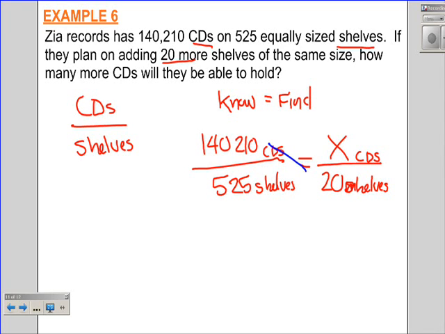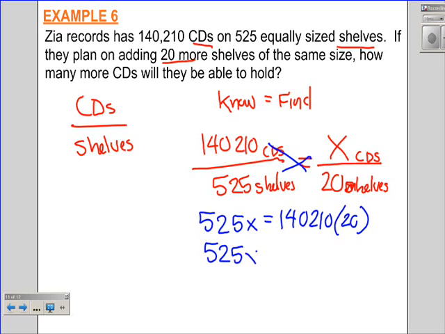So I've got my proportion set up here. I'm just going to do my cross multiplying. 525 times x is going to equal 140,210 times 20.